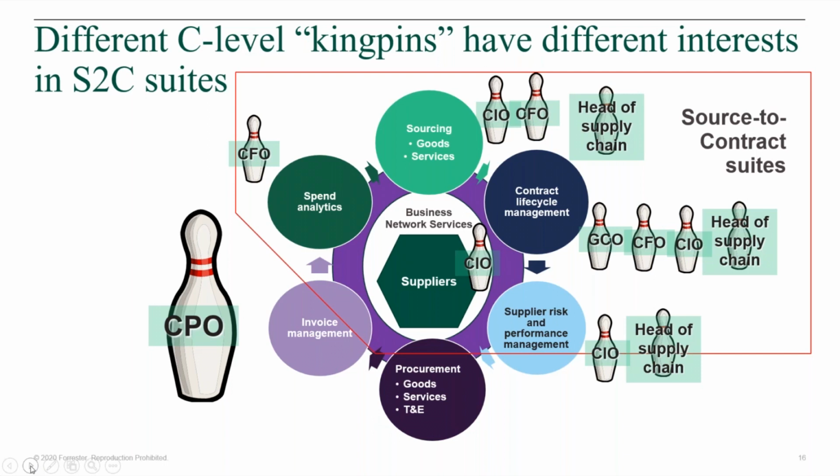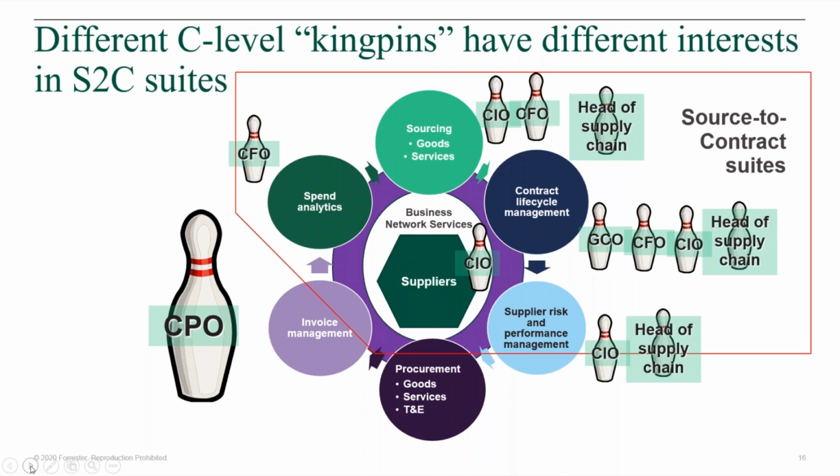Many people do sourcing, and CIOs, for example, do a lot of sourcing. So these are a sourcing tool for both goods and services. Even CFOs use sourcing for services. The head of supply chain will be using sourcing for logistics providers or for the direct material suppliers they use.